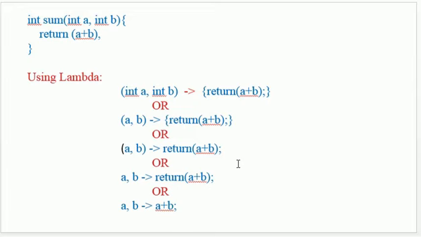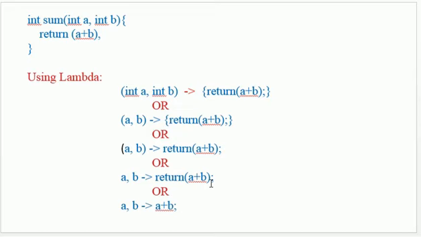If there were multiple lines, a block of code, then it was mandatory for me to include the curly brackets. Another simplification is that it's not mandatory for you to include the round brackets as well. You can always write a comma b. It gives me return a plus b.